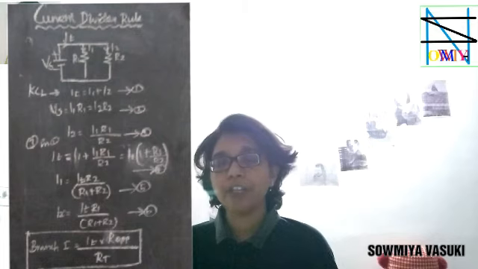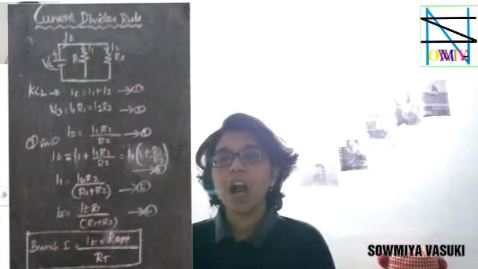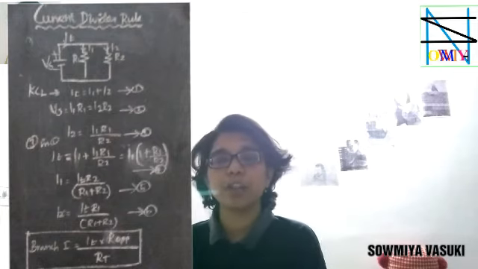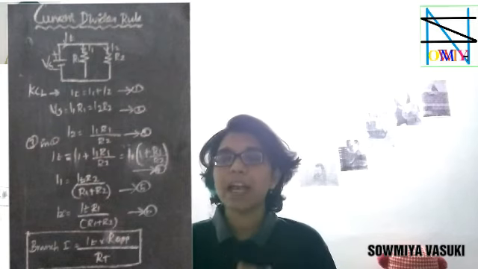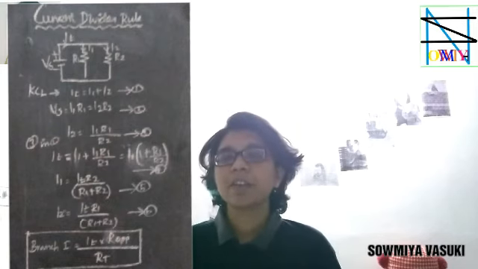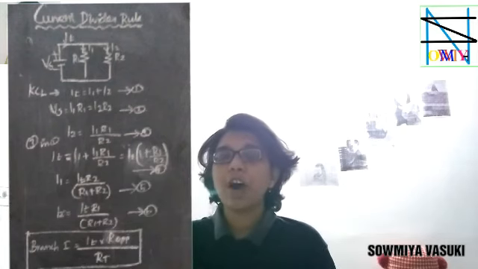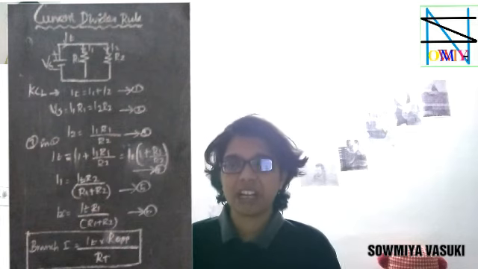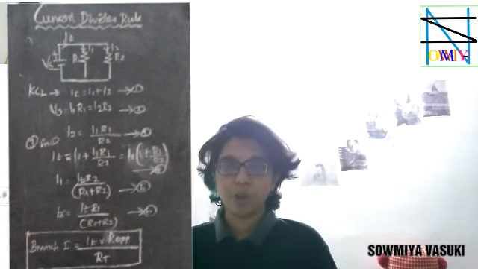Similarly, I2 is equal to I total into R1 divided by R1 plus R2. Total resistance is R1 plus R2. So the branch current is defined as the product of the total current and the opposite resistance divided by total resistance. This is the current divider rule.